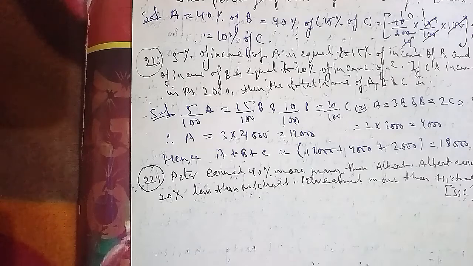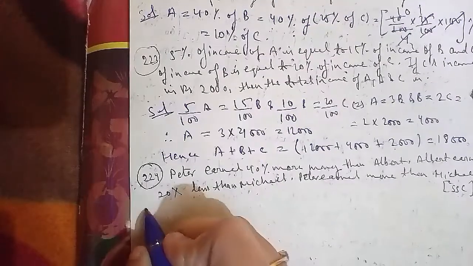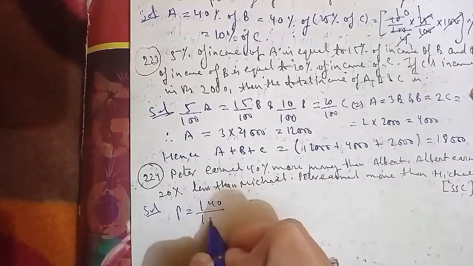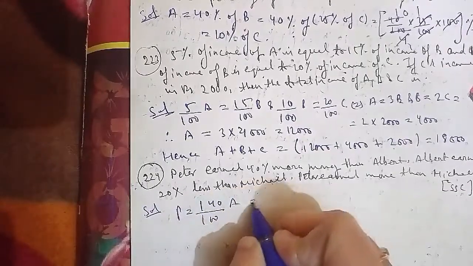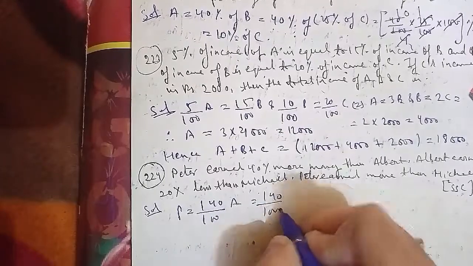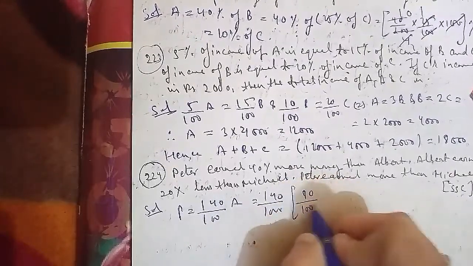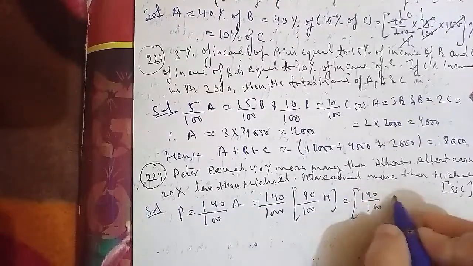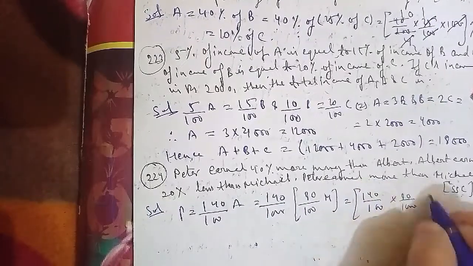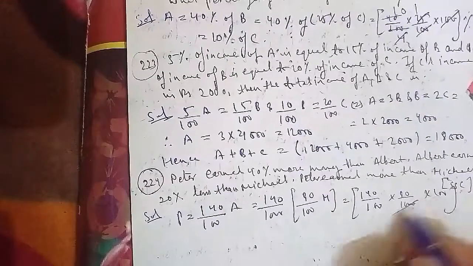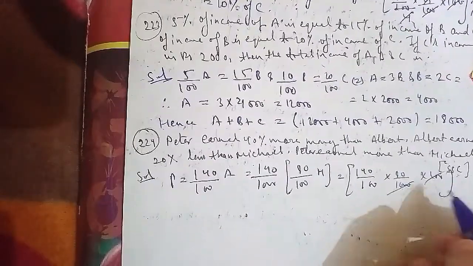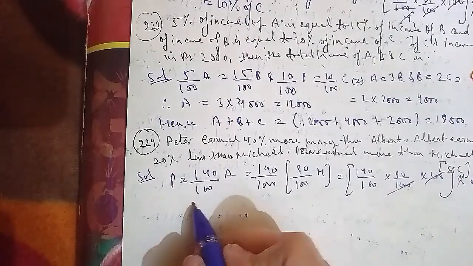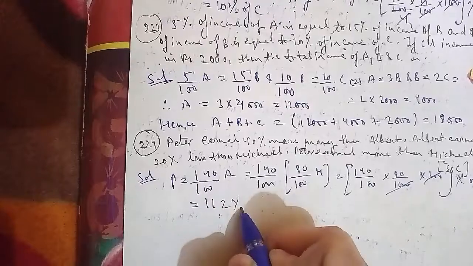Here P equals 40 upon 100, A equals 80 upon 100, F equals 40 upon 100 into 80 upon 100 into 100. This 100 is cancelled by 100 here. This percent of M or 112% of F.